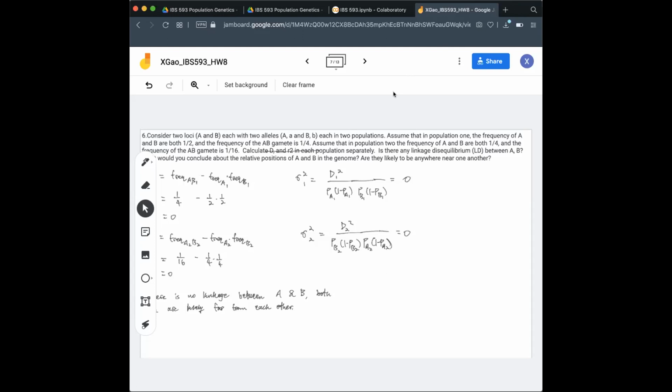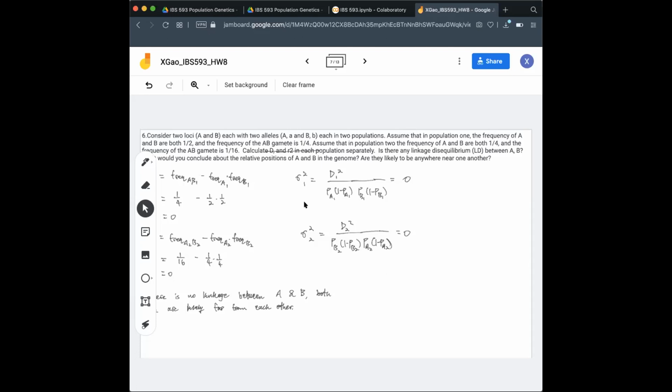So to compute D, we just take the frequency of the AB gamete in population 1 minus the frequency of the A allele times the frequency of the B allele in population 1, and that equals 0. And similarly for the linkage disequilibrium in the second population, we do the same calculation, and that's equal to 0.